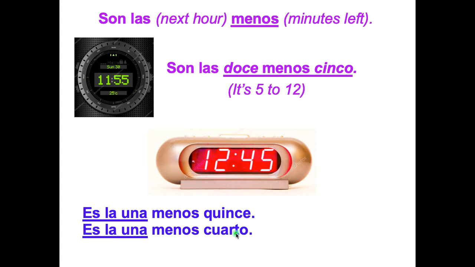And you can see on your notes, this is already written in on the left-hand side after the 30-minute mark. It's like the menos, okay? And I wrote in parentheses, next hour, menos whatever minutes are left, okay? So this is like, it's 15 to 1 or it's a quarter to 1.